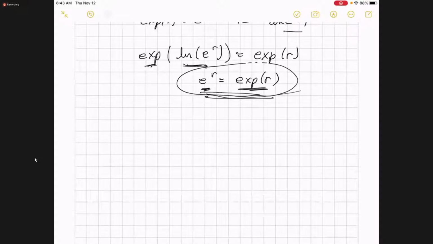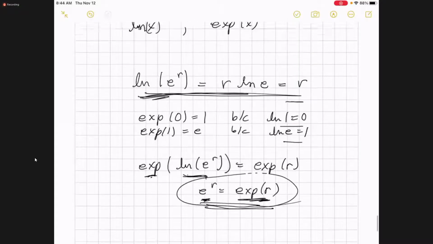Usually, if what's in the exponent gets really complicated, it's nice to represent it this way so you don't have that big mess in the exponent. But people also just use e to the r. E's a very special number.